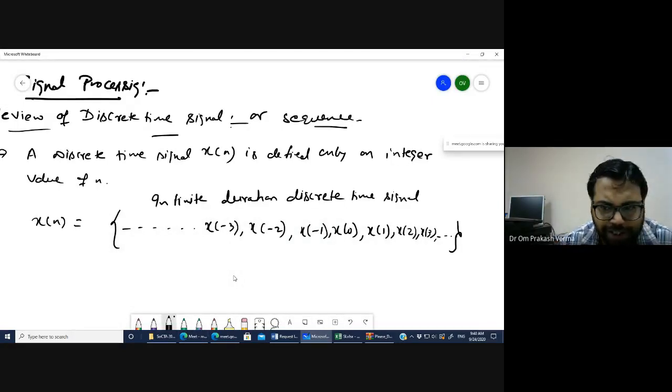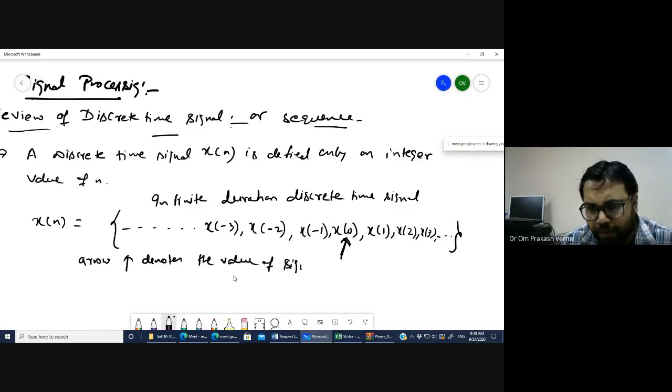This arrow is pointed here, at x[0]. The arrow will only denote the value of the signal x[n] at n equal to 0, nothing else.